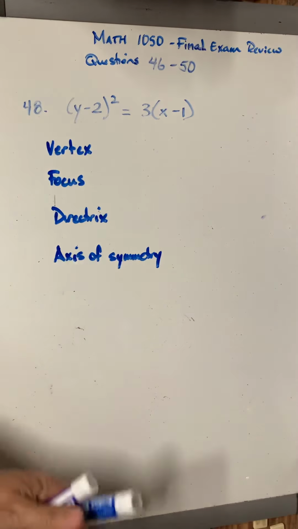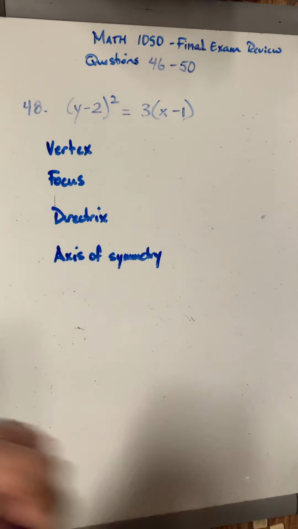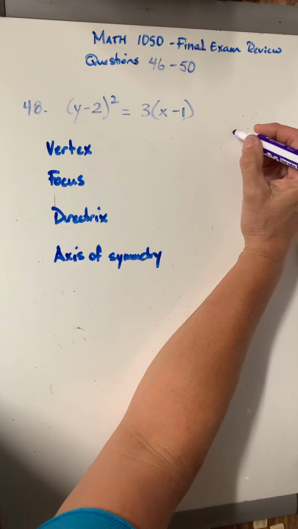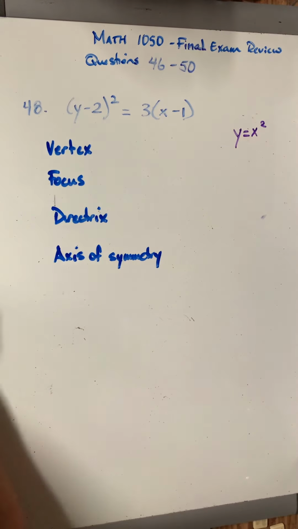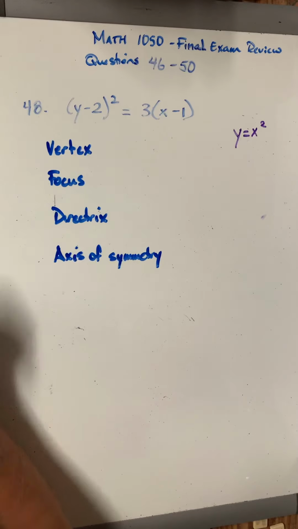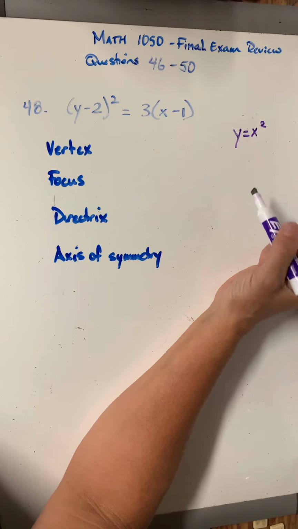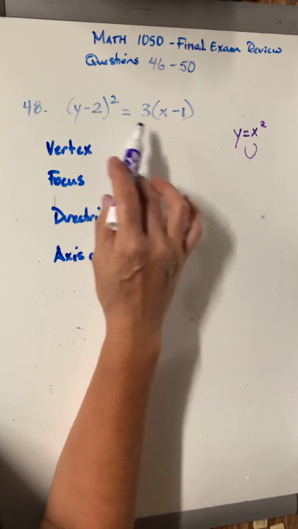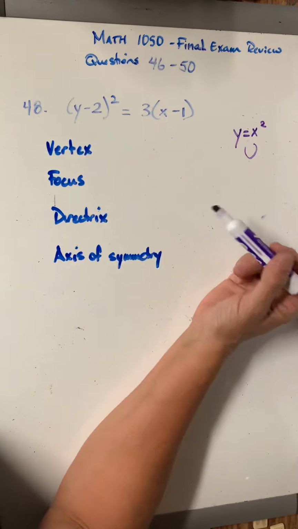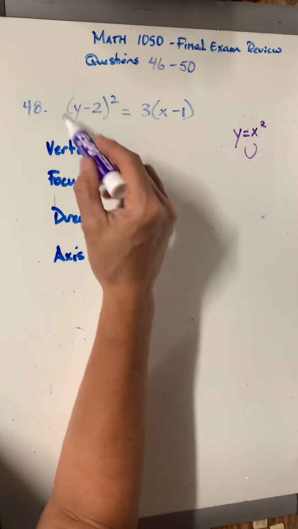So here's what I do for these. I go back to what I know. What I know is for a very long time, we've been working with y equals x squared. And most of you by now know that that's a parabola. And you know that it's facing up because x squared is positive. So if you take a look at what's happening here, notice that the y is what's being squared. But it is positive.